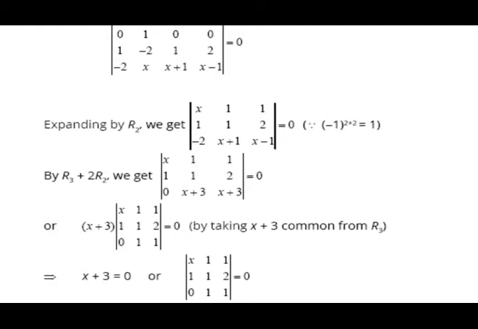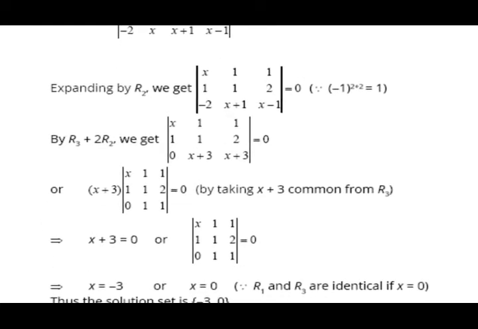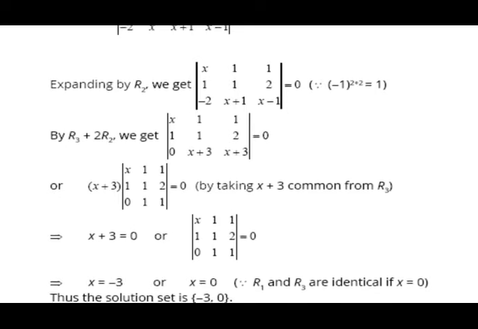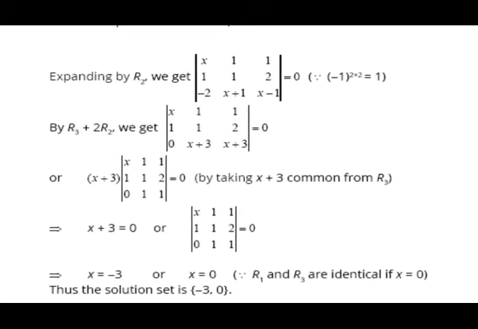And here we multiply row 2 by 2 and add in the third row. This makes the last value equal to 0. Now 3 is common, x minus 3 is common from R3.